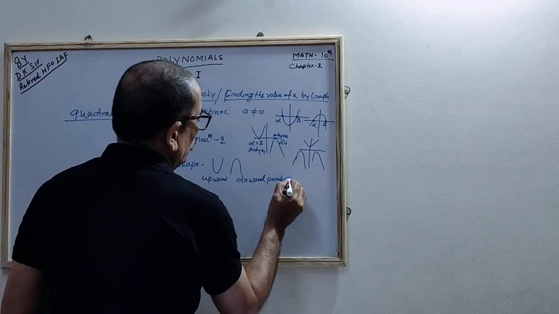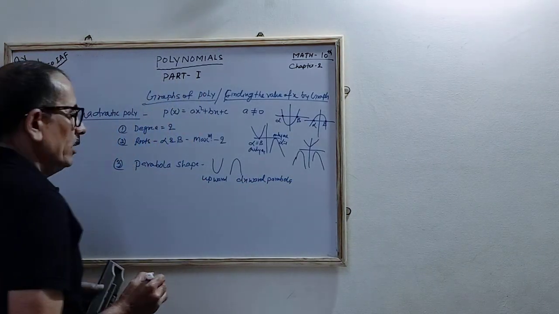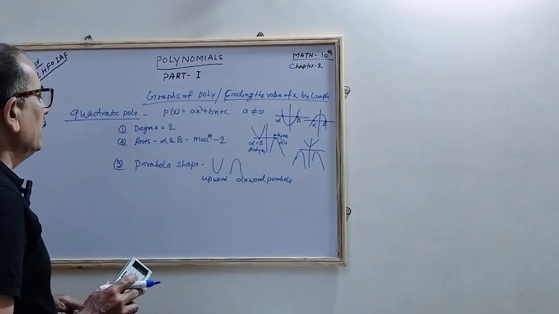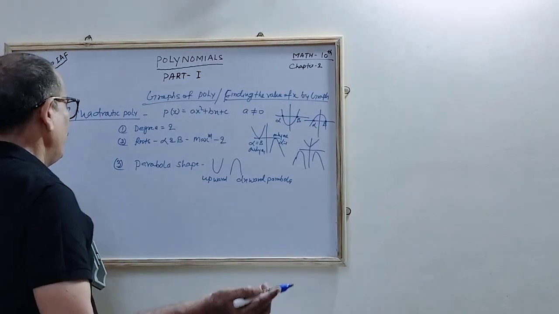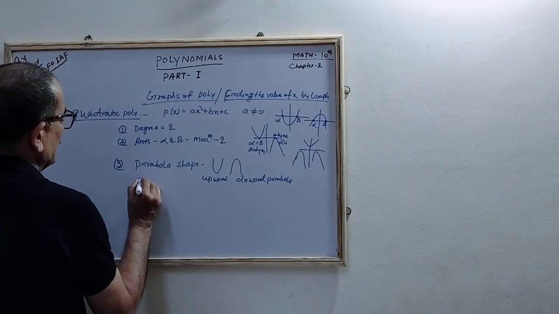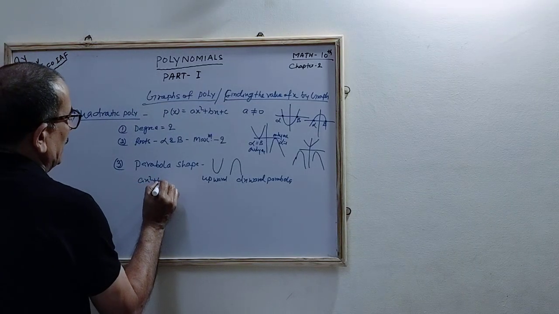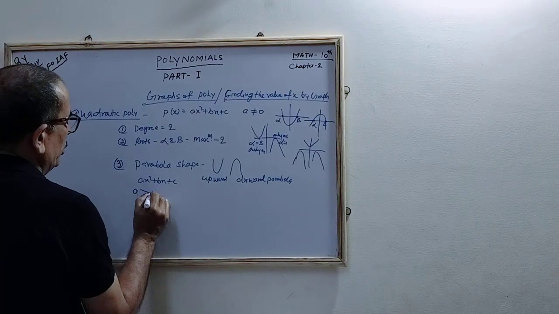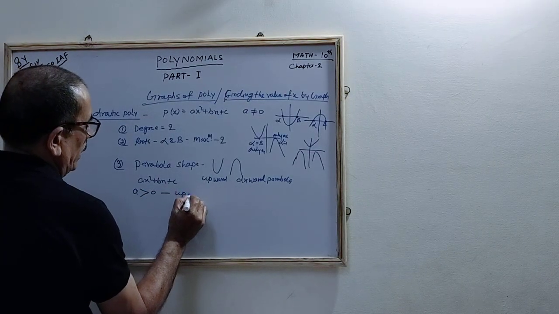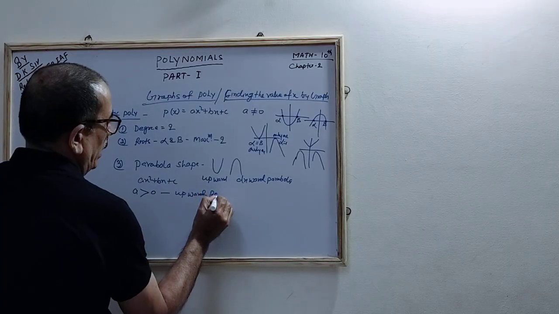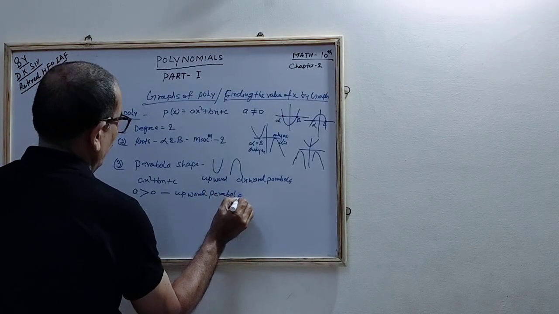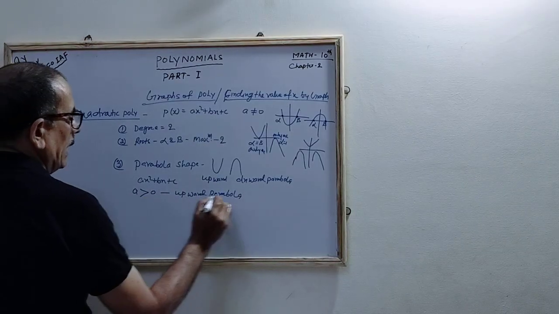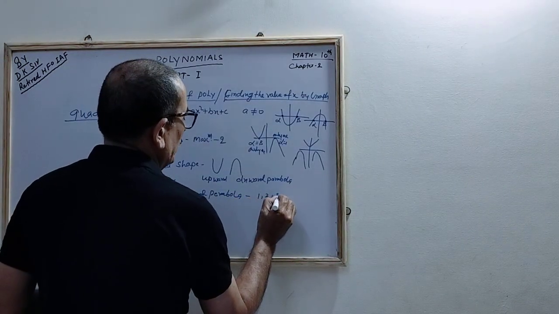How to find out without drawing? How can you find out whether this quadratic equation is an upward parabola or a downward parabola? It's very simple. The equation is ax square plus bx plus c. If a is greater than 0, then it will be an upward parabola, correct? Greater than 0 means it can be 1, 2, 3, 4.